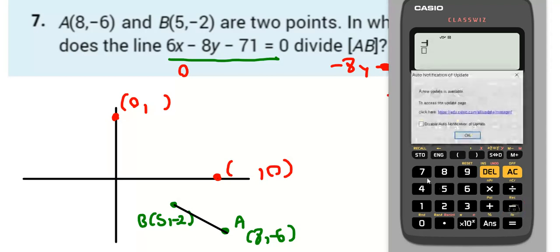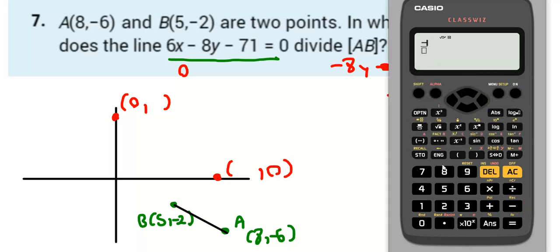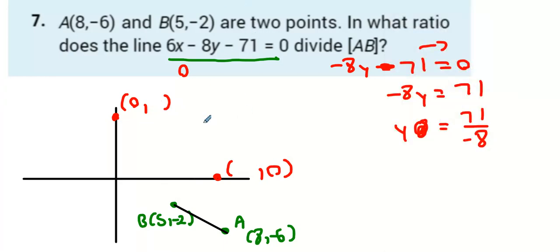So yeah, minus 71 over 8 is whatever, minus 8.85. So where is this point located then? The y value is minus 8.9 for argument's sake. Where's it located? Yeah, it's down here somewhere, isn't it?